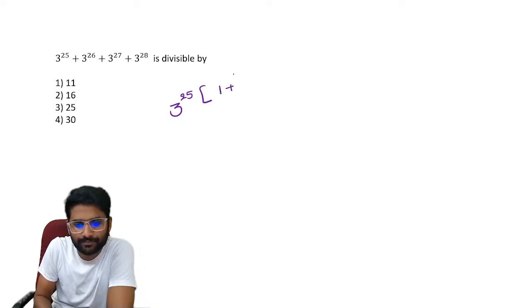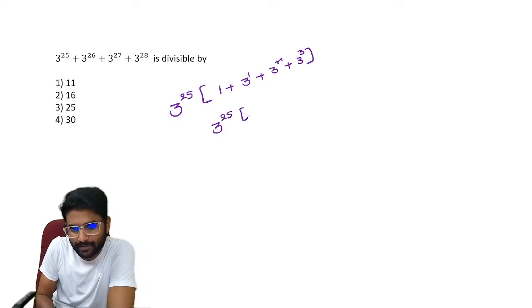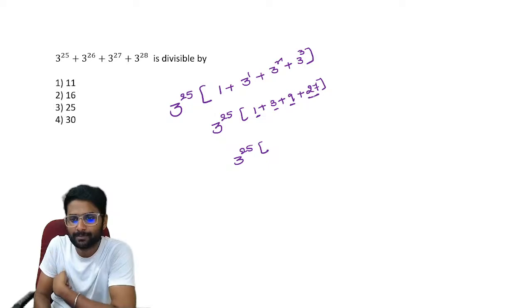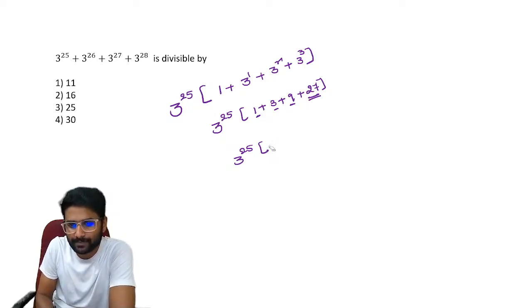Then 1 plus 3 power 1 plus 3 square plus 3 cube. So 3 power 25 times 1 plus 3 plus 9 plus 27. Sum of these values: 1 plus 3 plus 9 is equal to 13, plus 27 is equal to 40.